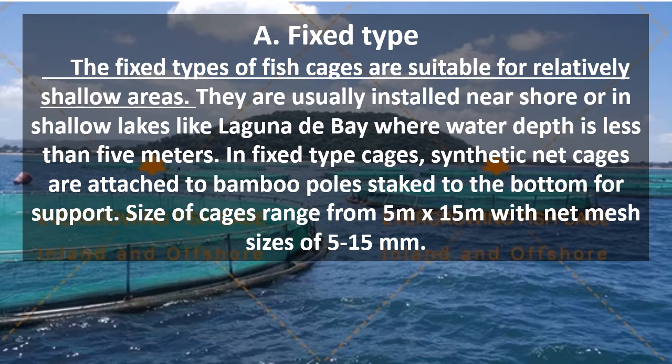In fixed type cages, synthetic net cages are attached to bamboo poles stuck to the bottom for support. Size of cages range from 5 meters to 15 meters with net mesh size of 5 to 15 millimeters.